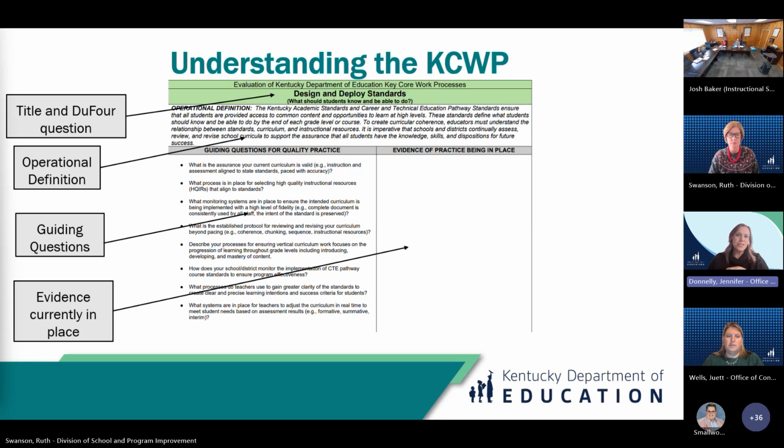We always suggest you read the definition again, calibrate your understanding of that system. And then those guiding questions are really there to help you think about evidence. What evidence do we have to show that these systems are working well or might have some gaps? And you really want to think about that through the lens of your subgroup.